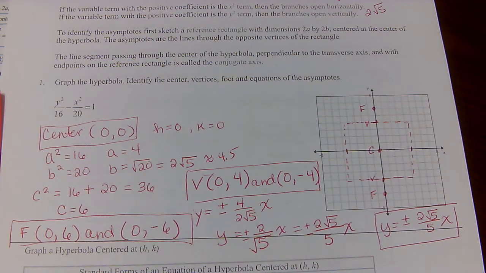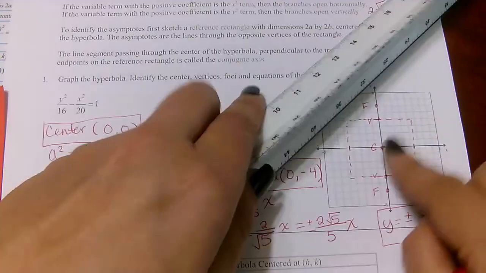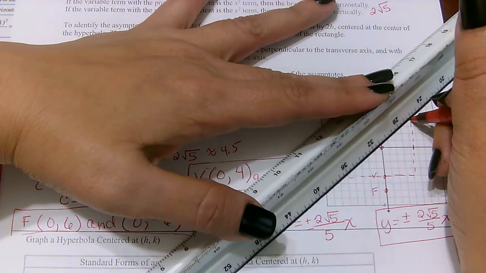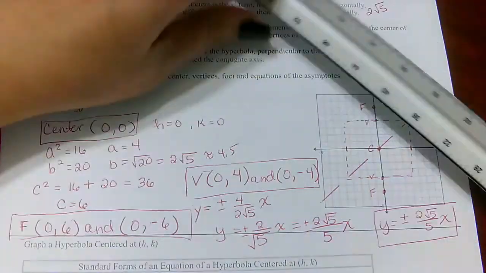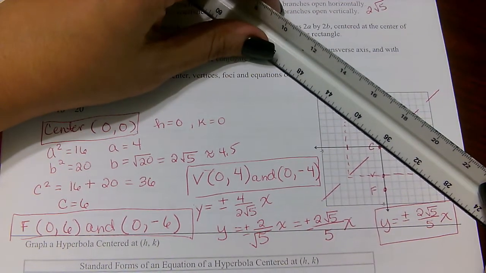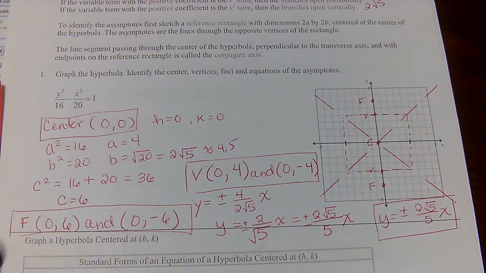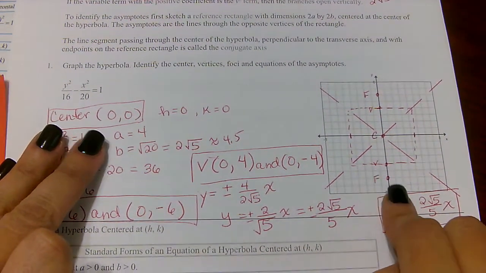Now that I have the box drawn, it's really easy to go ahead and draw our asymptotes. I'm going to use the corners of my rectangle and draw a line going through the center. So use these as your points and then draw a dashed line. Again, corners of the points and draw a dashed line. Now that I have everything dashed, I'm going to use my pink marker to indicate where my graph is.